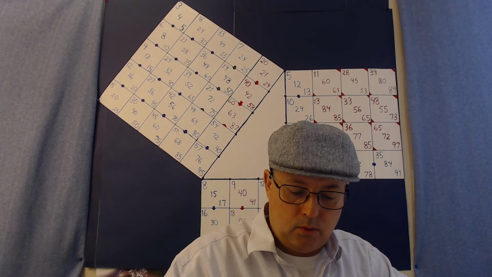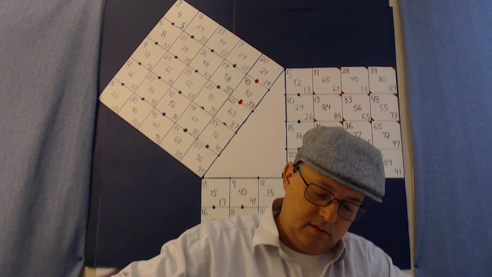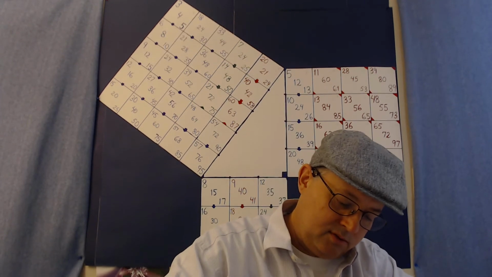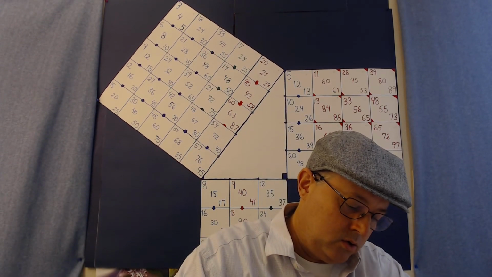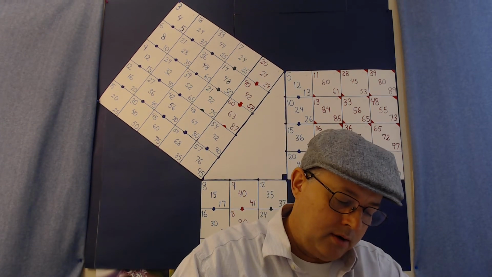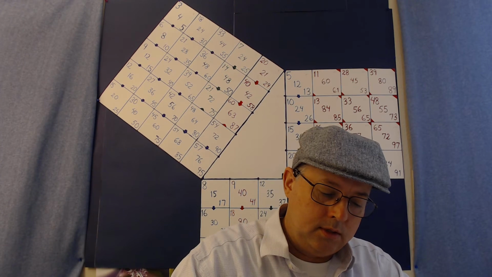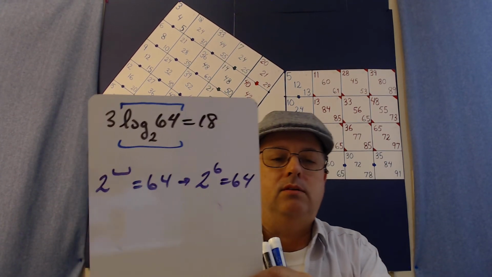And so 2 to the 6th is 64. Let's not take up so much space, because we're going to run out of room on these slates. So this is saying 2 to what power is 64? And so 2 to the 6th is 64. Okay, that's our side note.